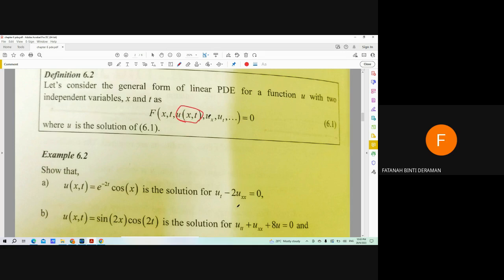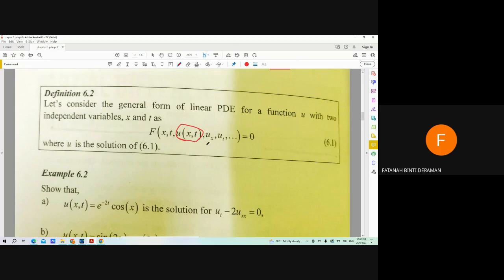And then we have u sub x, which is the partial derivative of u with respect to x, and then the partial derivative of u with respect to t. Once we have this function equals to 0, then we say that u is a solution of this equation.